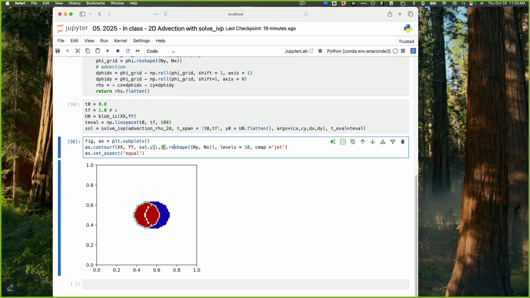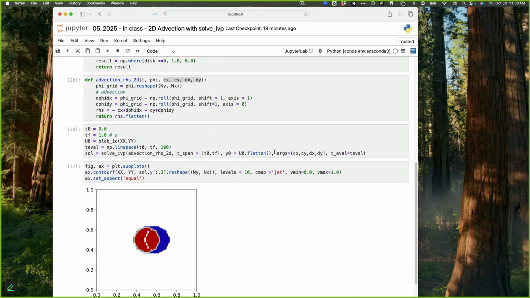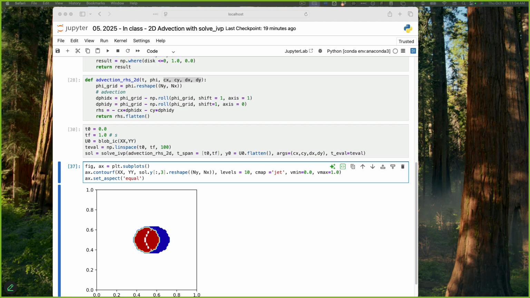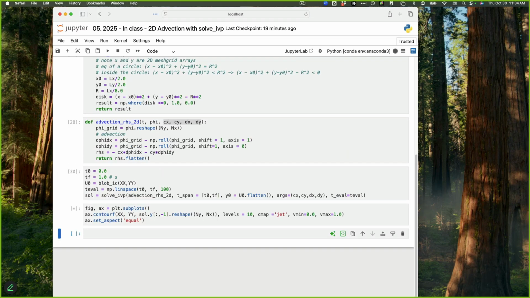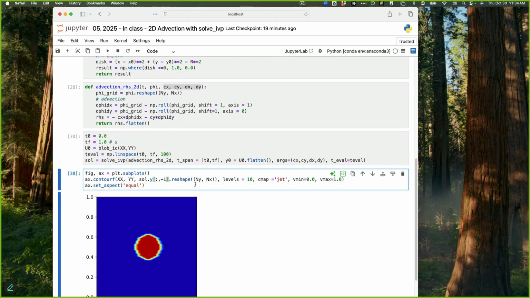Let me see. So on my end here, okay, let me try this. Vmin is 0, Vmax is 1. Okay, it still didn't work. Still didn't work. Minus 1. Okay.